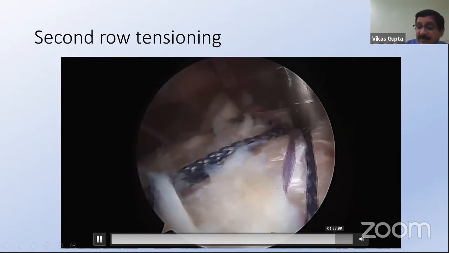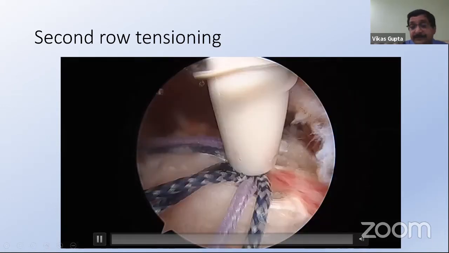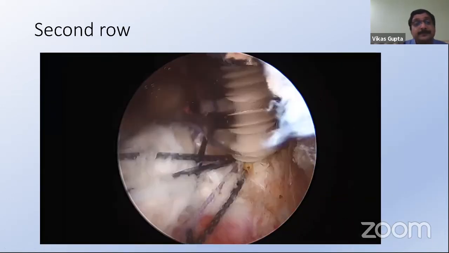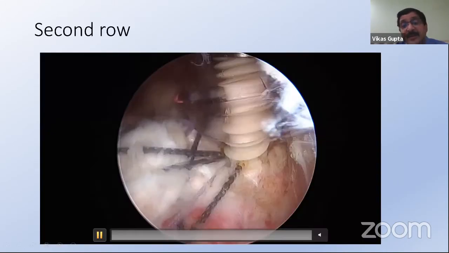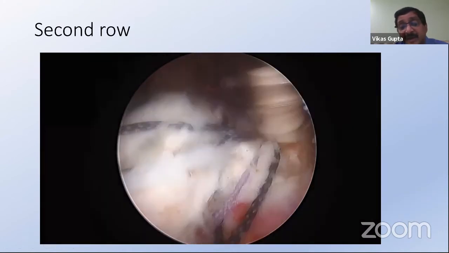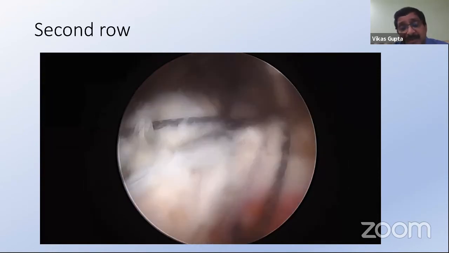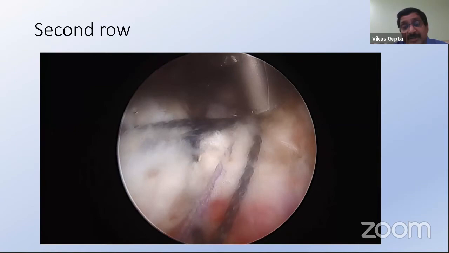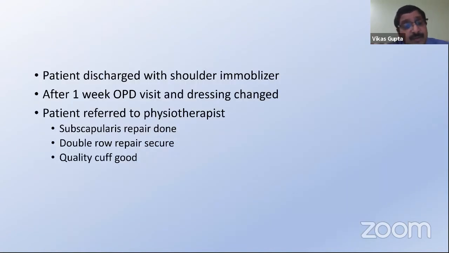Once tension is achieved, the anchor is inserted on the greater tuberosity. So in this case, we had three anchors on the lesser tuberosity and three anchors on the greater tuberosity. It was a good repair. The quality of tissue was good.